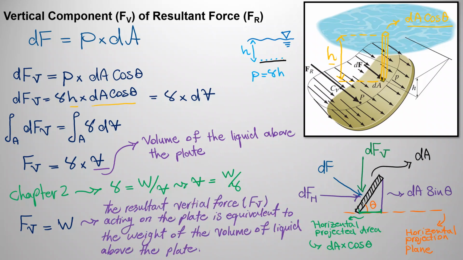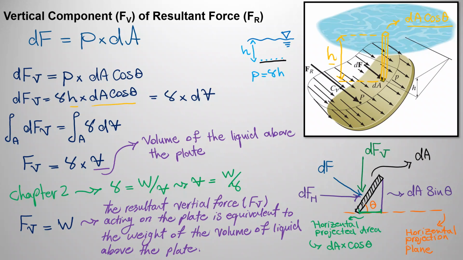So we found the magnitude of the vertical component of the resultant force. The last thing that we want to find out is the location where this FV acts on the plate. The force, or FV, acts through the centroid, or C sub V, of the volume.